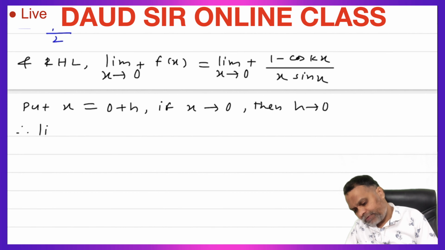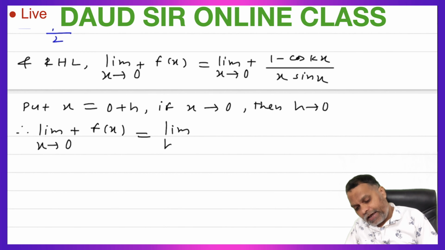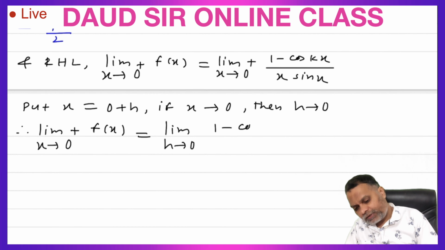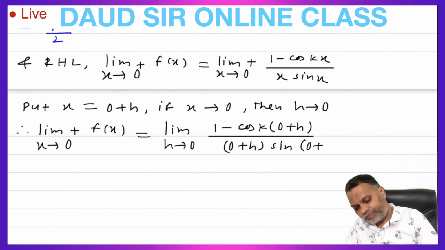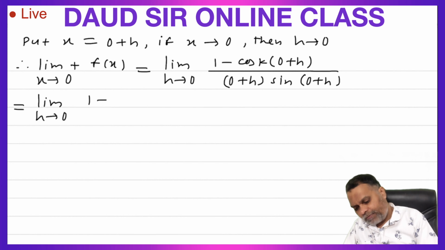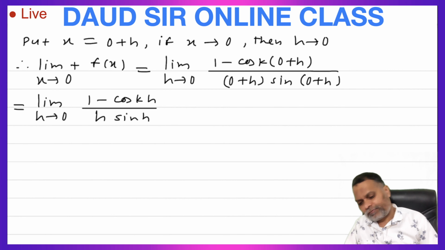Therefore right hand limit will become limit x tends to 0 plus f of x is equal to limit h tends to 0 1 minus cos k into x, x is equal to 0 plus h, upon 0 plus h into sin 0 plus h. Simplify this. Limit h tends to 0 1 minus cos kh upon h into sin h.